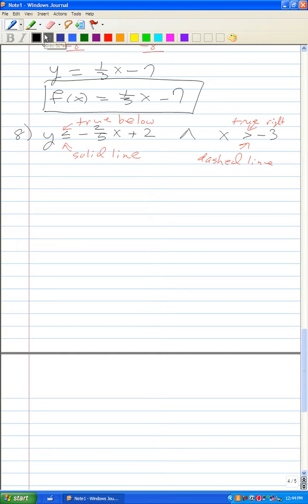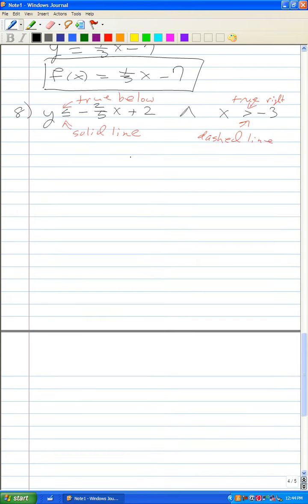So let's graph this. And so x equaling negative 3.